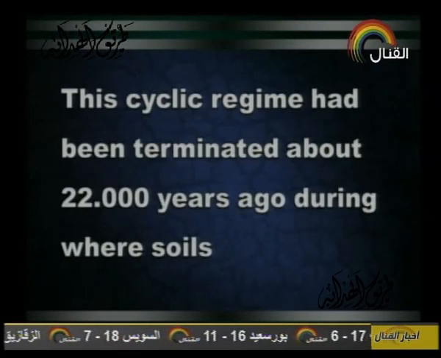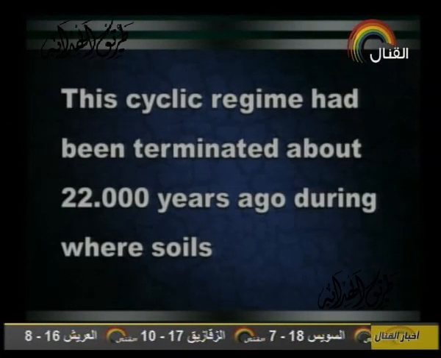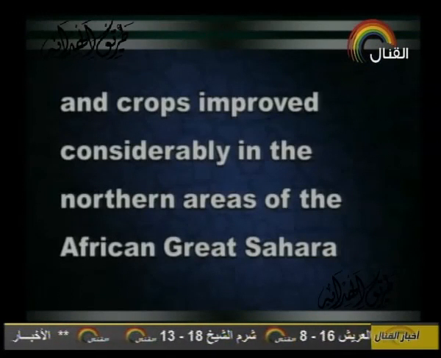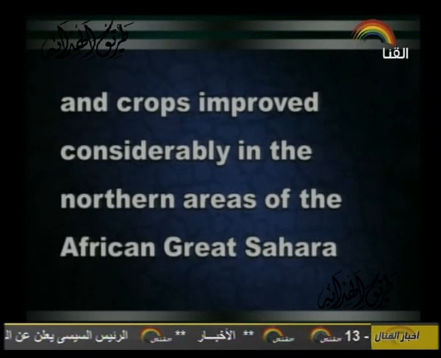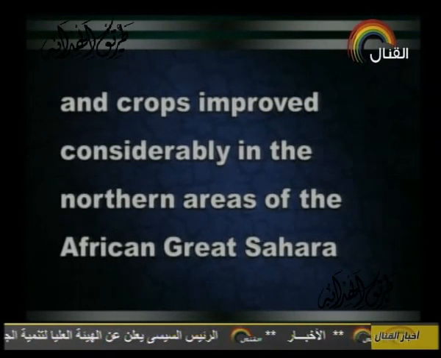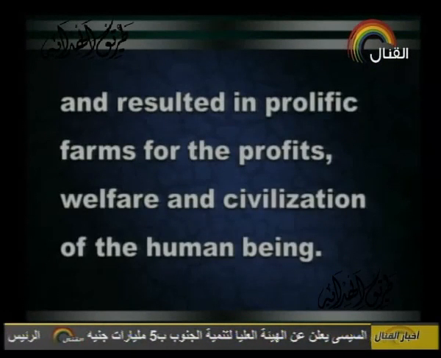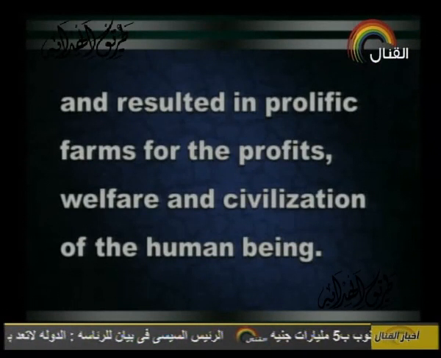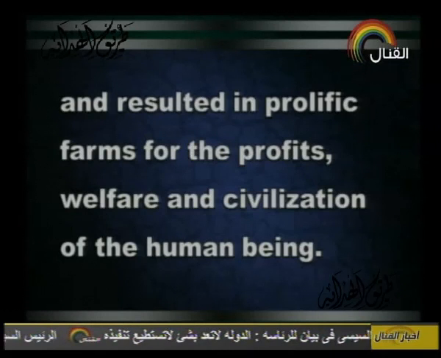This cyclic regime was terminated about 22,000 years ago, when soils and crops improved considerably in the northern area of the African Great Sahara, and resulted in prolific farms for the profits, welfare, and civilization of human beings.